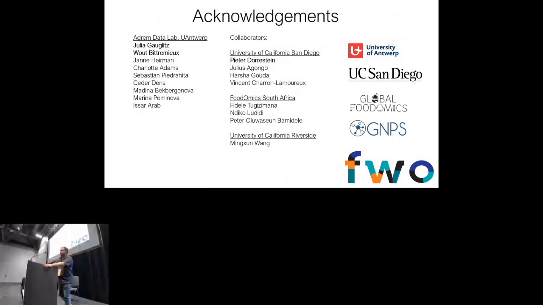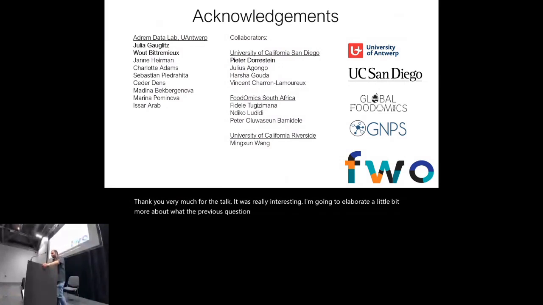Thank you very much for the talk. It was really interesting. I'm going to elaborate a little bit on the previous question about the clustering. I struggle to understand how you do the clustering in terms of cosine similarity, and why are you choosing cosine similarity? Because you're matching spectra. If you can elaborate a little bit on how the cosine similarity works for the clustering, I would appreciate it. Thank you.